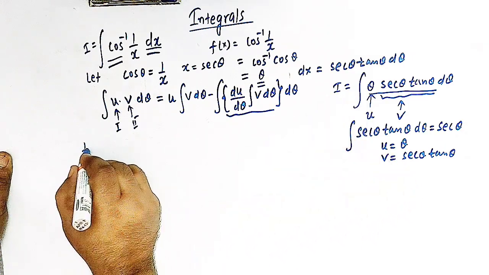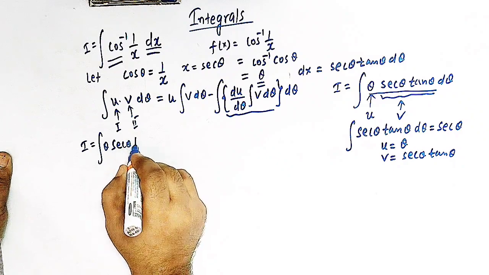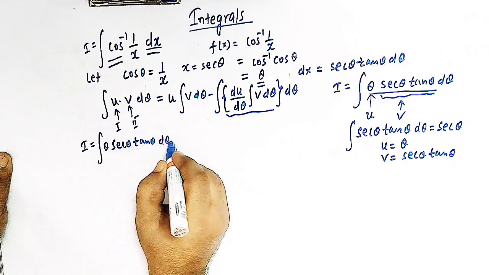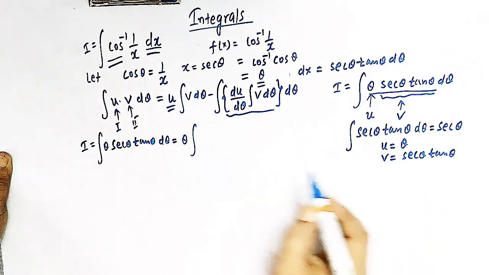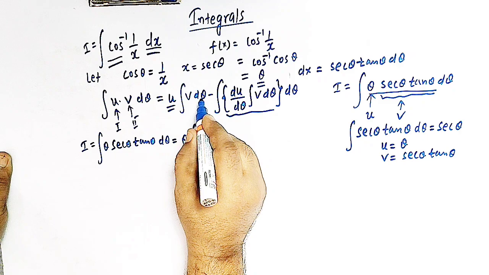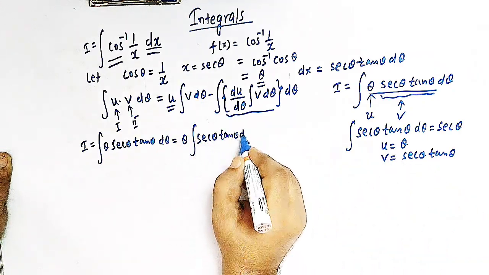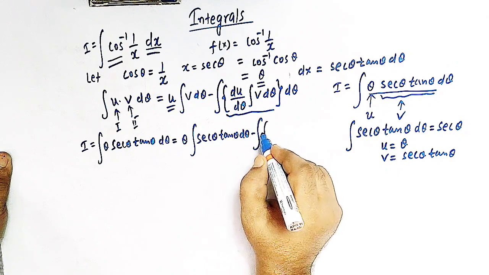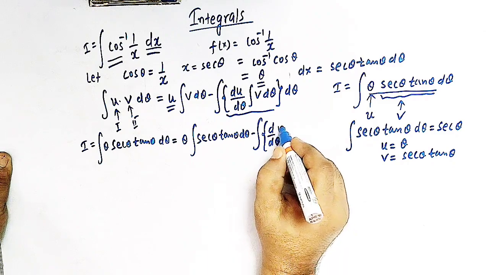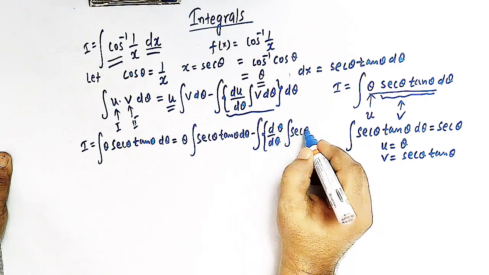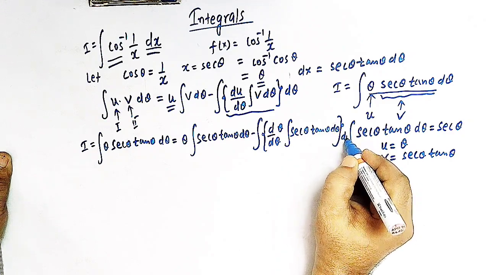So our integral I, theta secant theta tan theta d theta, is equal to u, which is theta, times the integral of v d theta, that is the integral of secant theta tan theta d theta, minus the integral of the derivative of u with respect to theta, u being theta, times the integral of secant theta tan theta d theta, with d theta.